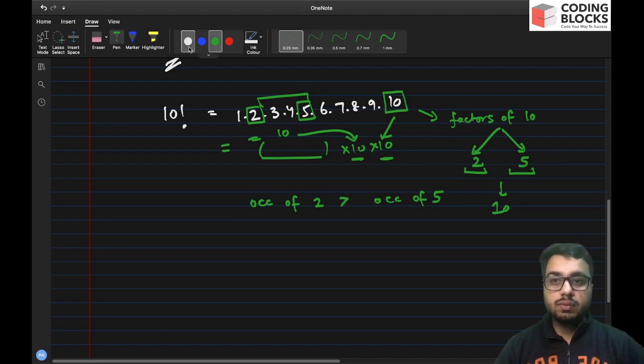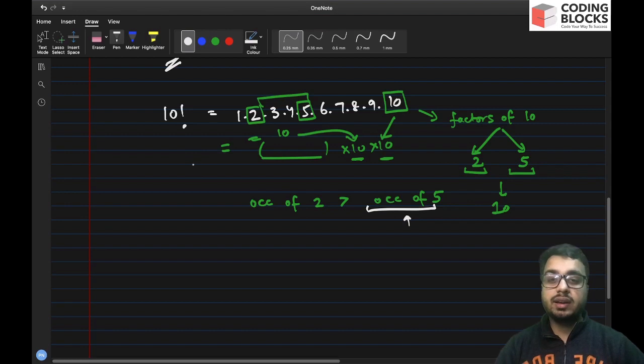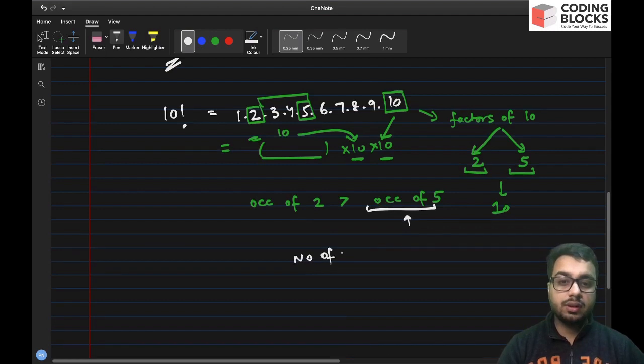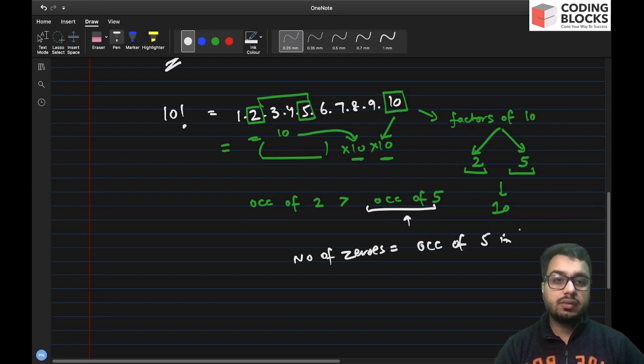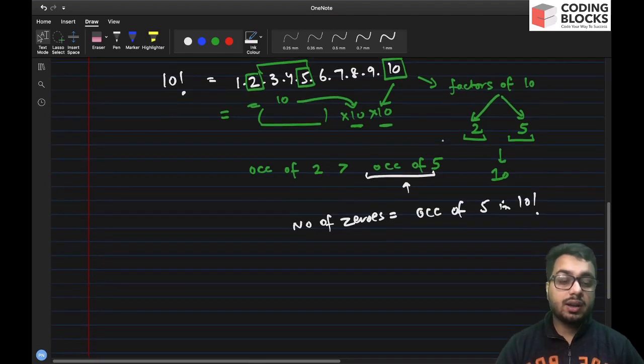So if we know the occurrences of 5 in n factorial, we can definitely find out how many zeros will be there. The number of zeros will be the same as the occurrences of 5 in 10 factorial. This is what I'm trying to say.